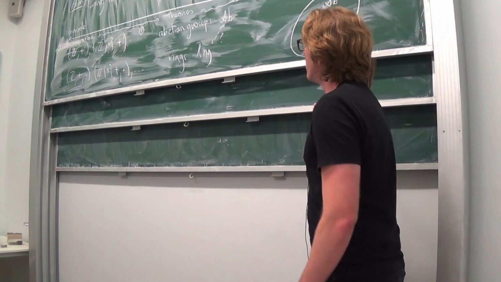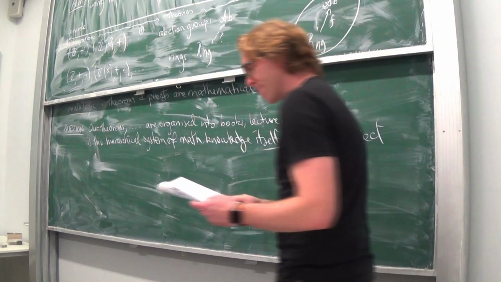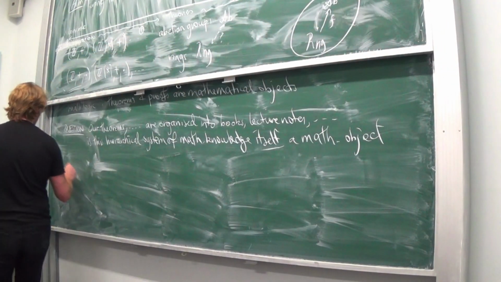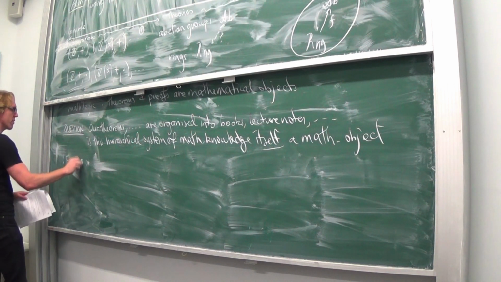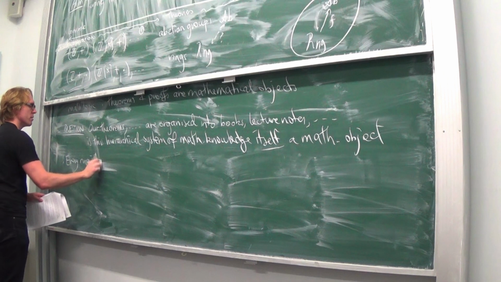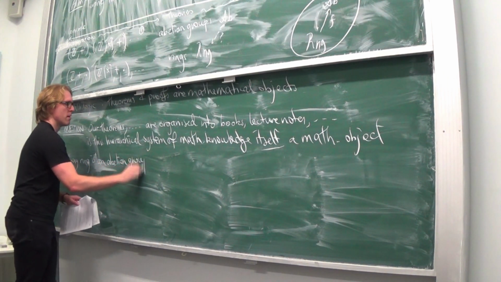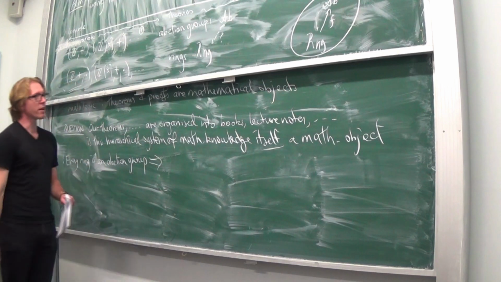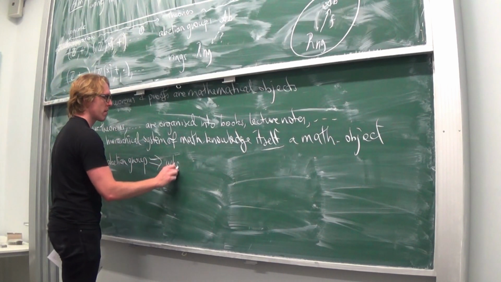Okay, so let's just write something to that effect. So every ring is an abelian group. So this observation leads us to believe there should be transformations or morphisms between theories.